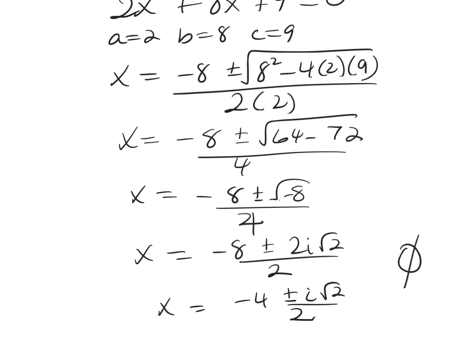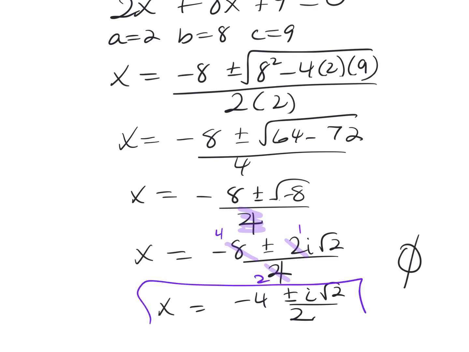This is over 4, and then simplify it. The denominator here is a 4, but when I simplify, I can divide all these by 2's. So then this becomes a 1, this becomes a 4, and this becomes a 2.